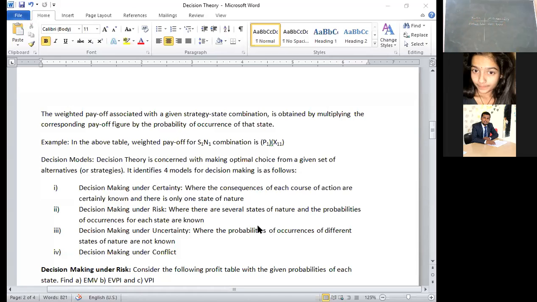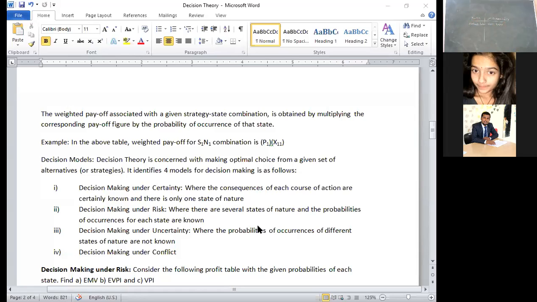You have gone through the definition of decision maker. Courses of action means various options available to the decision maker for solving the problem. Here strategies are always represented by S1, S2 and so on. States of nature is also known as outcome.